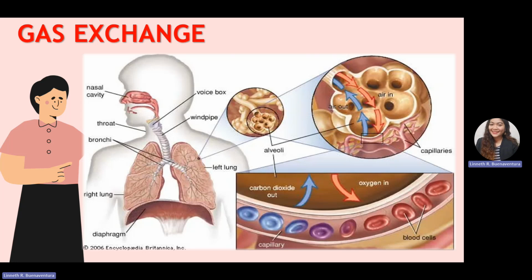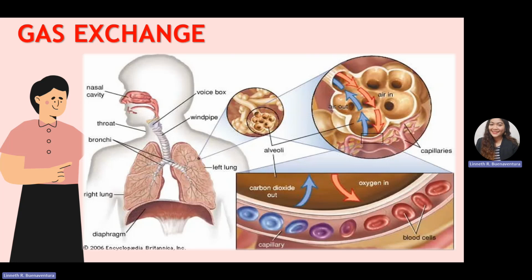We have the windpipe, also known as trachea. It conducts air from the throat to the bronchi. So we have the bronchi, the two branches that direct air into each lung, and we have the right and left lungs. Those are the organs, as you can see, responsible for exchanging the gas.